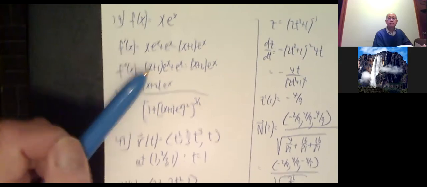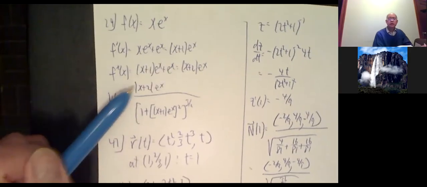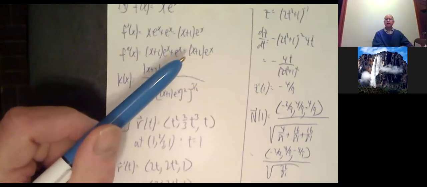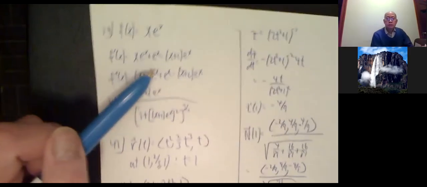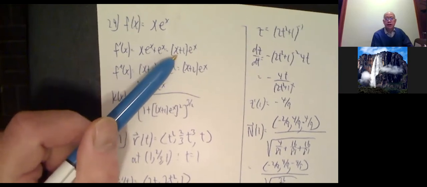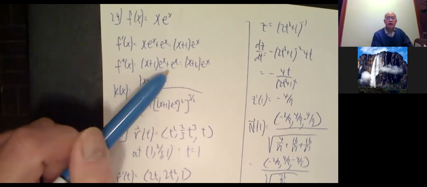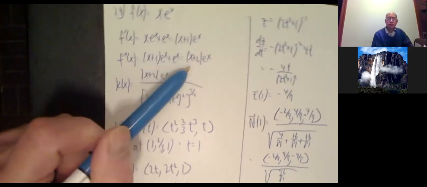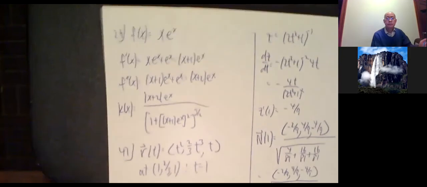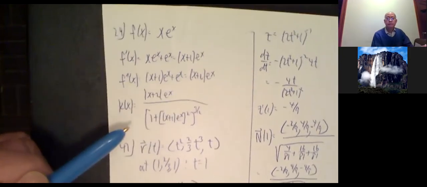F double prime, product rule. First, x plus 1 times the derivative of the second, which is e to the x, plus the second function, e to the x, times the derivative of the first, but the derivative of x plus 1 is just 1. Factor out the e to the x, you have x plus 2. Okay, so function, first derivative, second derivative.